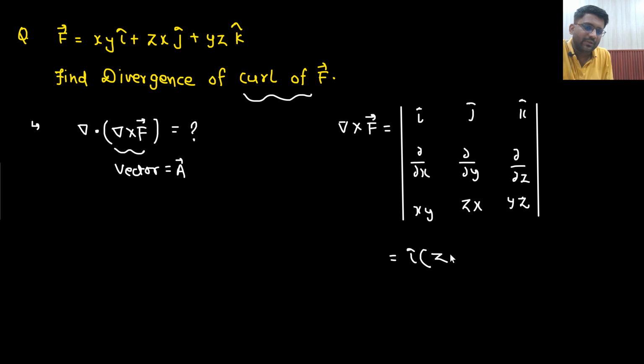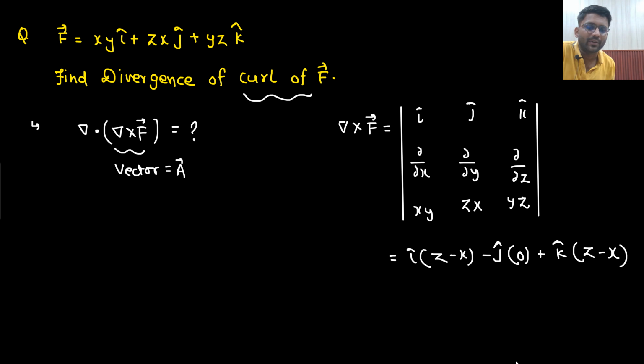And then partial differentiation with respect to z will be x. Plus, not plus, minus. Partial differentiation with respect to x will be 0. Partial differentiation with respect to z will be 0. Plus k cap. Partial differentiation with respect to x will be z, and partial differentiation with respect to y will be x.